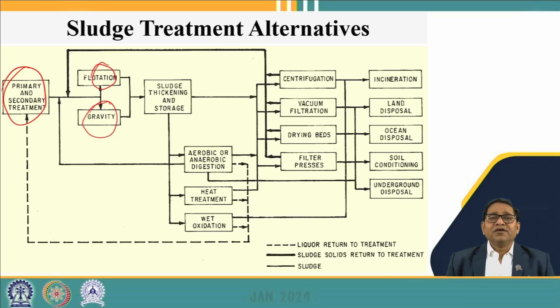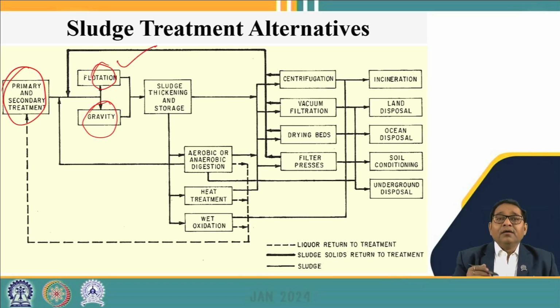Flotation means that if the sludge particles are flocculent in nature, with density less than even water, they easily get floated onto the surface. If we enhance the process by aerating, this can remove a lot of floating and flocculent sludge from the concentrate. So this is the method that we will be discussing.